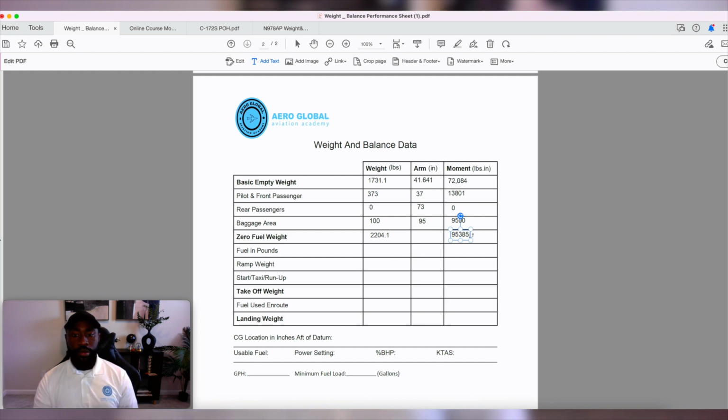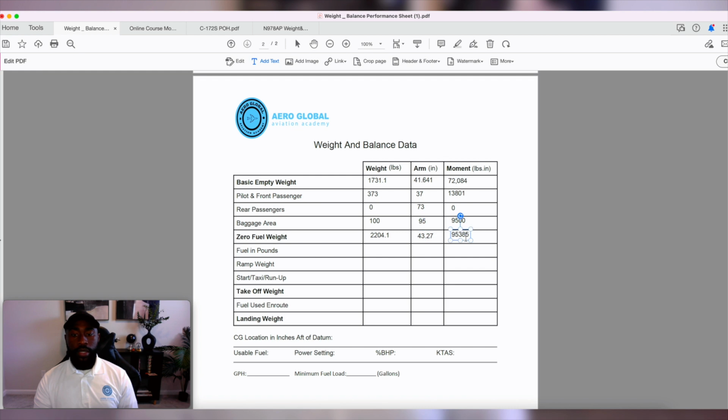So that's a huge number, but don't worry. You can divide that by the total weight and you get the arm. So divide that by, and we get the arm. So the arm is 43.27 right there.